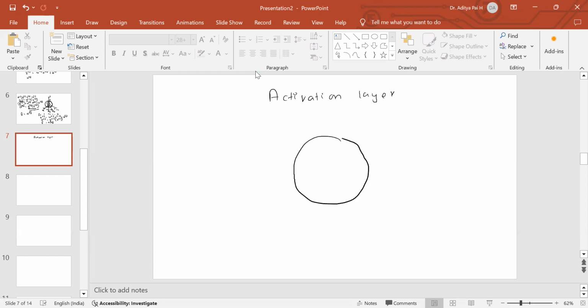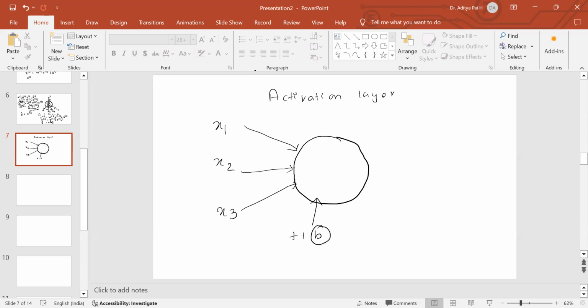So consider this is your node. We have the inputs like x1, x2, and x3. This is the input that is applied to the node. What is also applied is the bias, that is +1 is the bias.